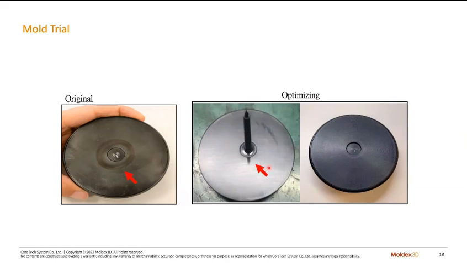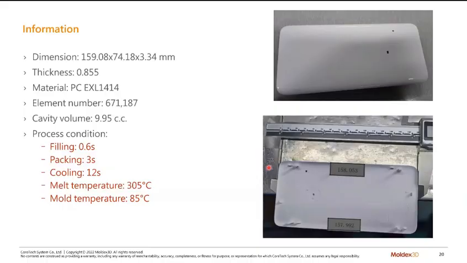Okay, this is the first case. The second one is the uneven shrinkage issue. This part is a sort of cover, and at the very beginning, they found that the dimensions on the top and bottom have a difference that is not acceptable to the criteria.